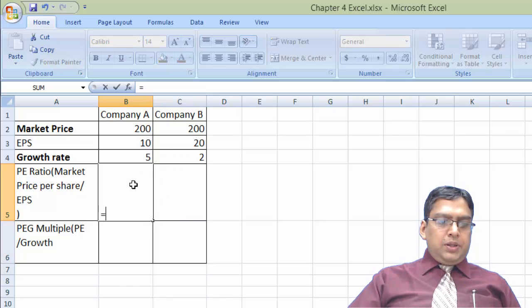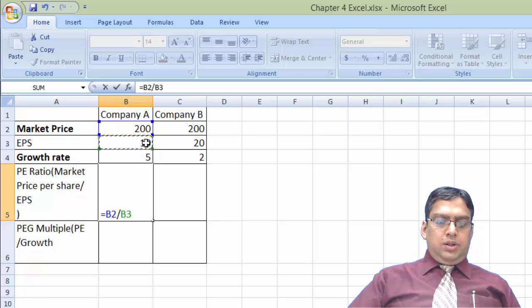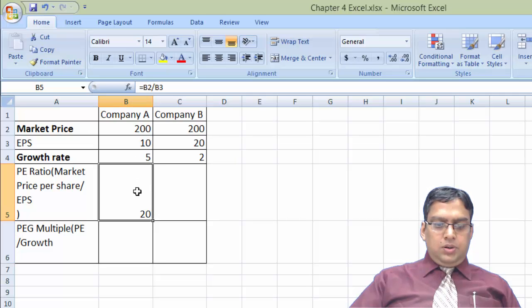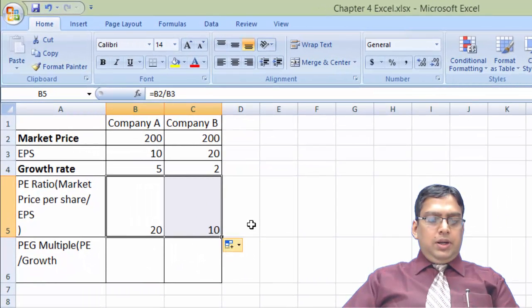Equal to market price divided by EPS. The same applies in this section, and your output is 20 and 10.